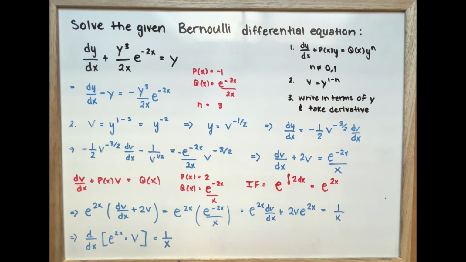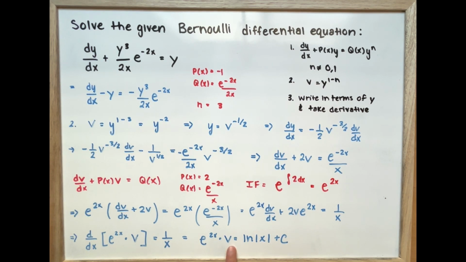And now we can integrate this. We can move our d over dx to the right side, and that'll be a simple integral, and we'll just get e to the power of 2x times v is equal to ln absolute value x plus c.